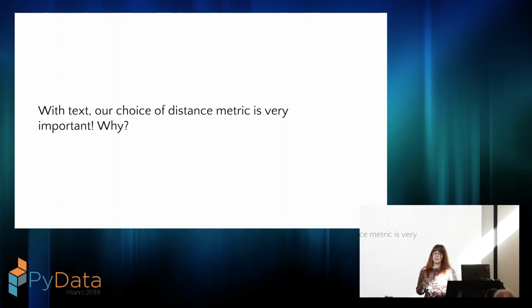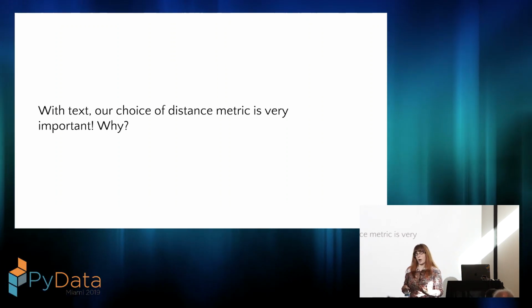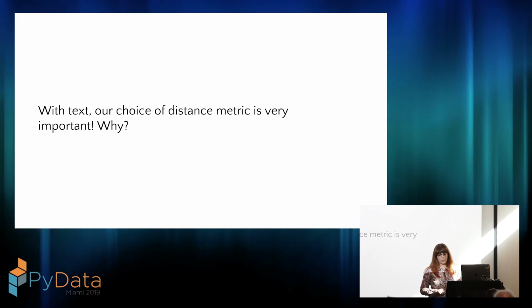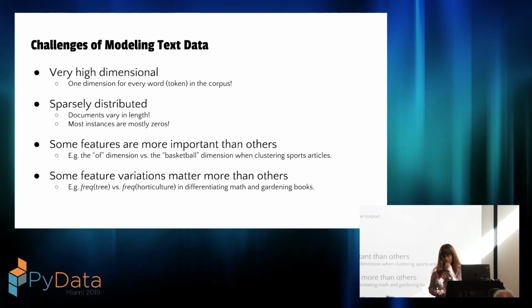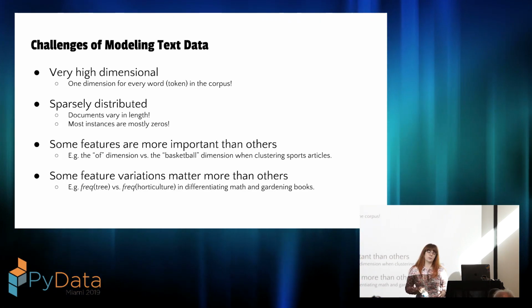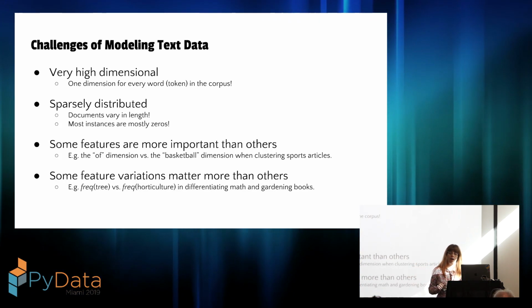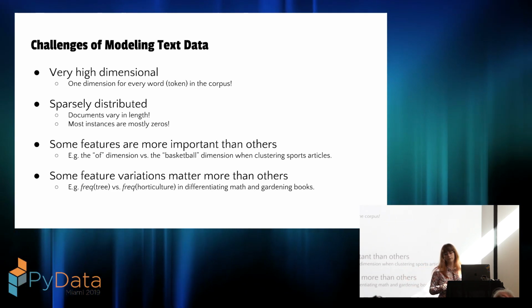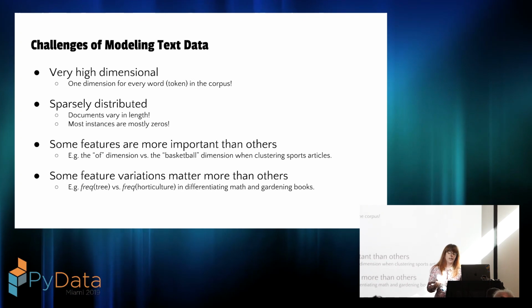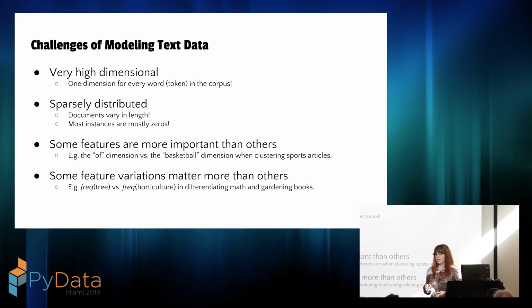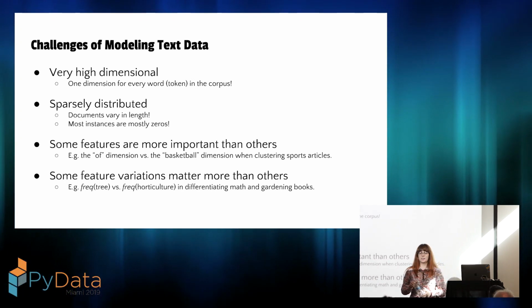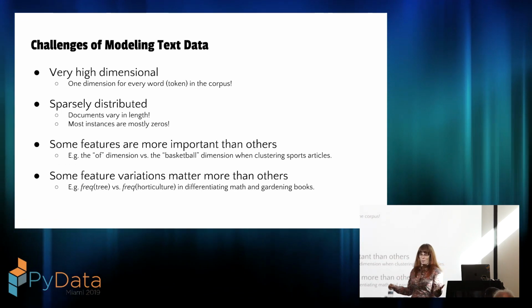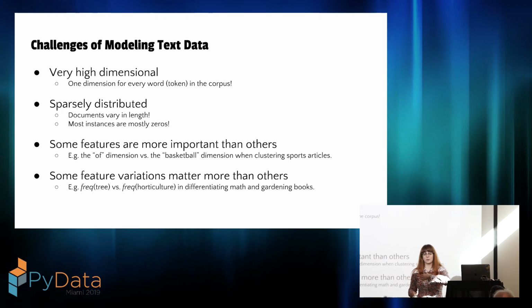And for text in particular, which is what I work mostly with at work, our choice is going to be really, really important, for a couple of reasons. One is that text is extremely high dimensional. Essentially what you end up with is a dimension for every word in the entire corpus, across every single document.